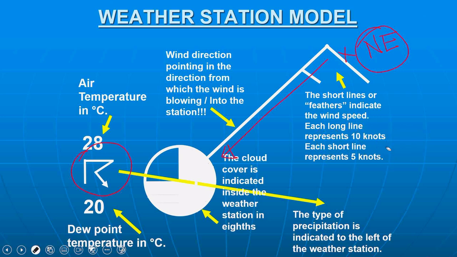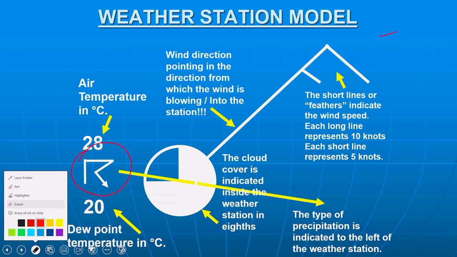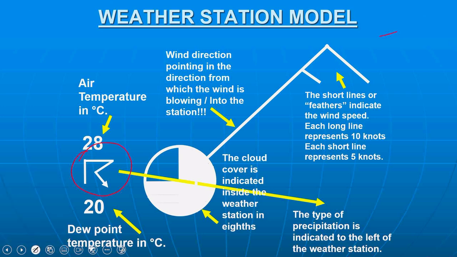I'm looking at the levers that you see at the end of that long lever. The short lines or feathers indicate the wind speed. Remember, this was the long line, so I'm referring now to the short lines.